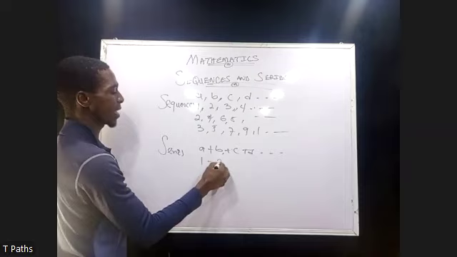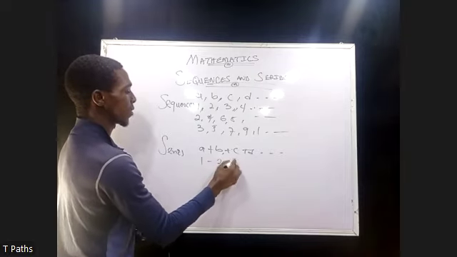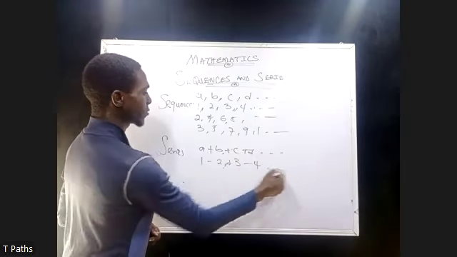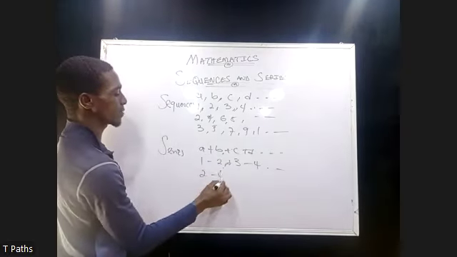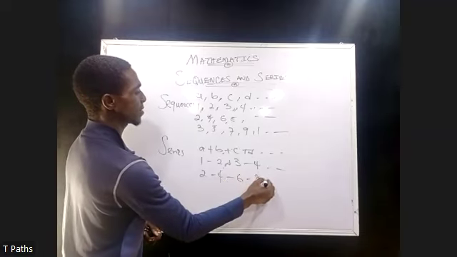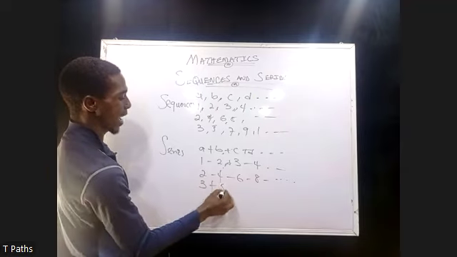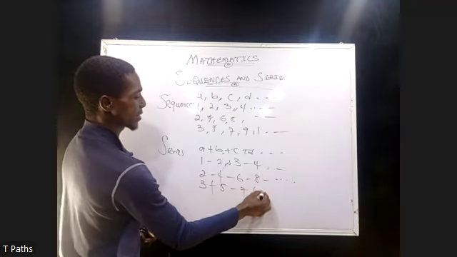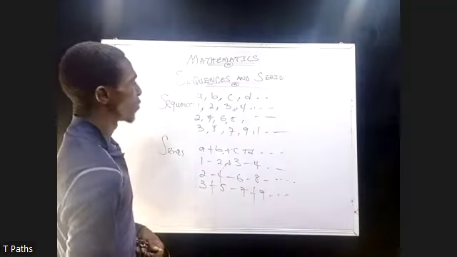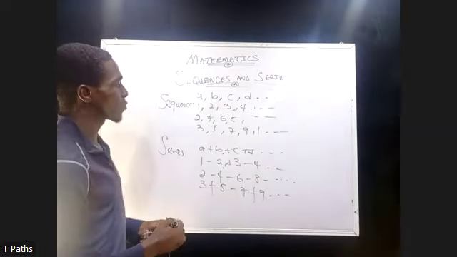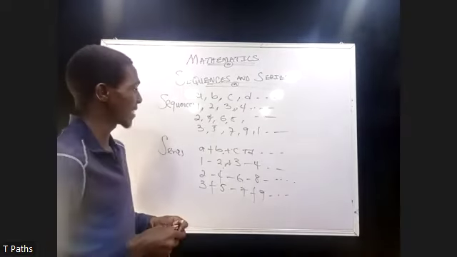I can have 1 minus 2 plus 3 minus 4, and so on. I can have 2 plus 4 plus 6 plus 8, and so on. And I can also have 3 plus 5 plus 7 plus 9, and so on. So here I've been able to differentiate what a sequence is and what a series is.